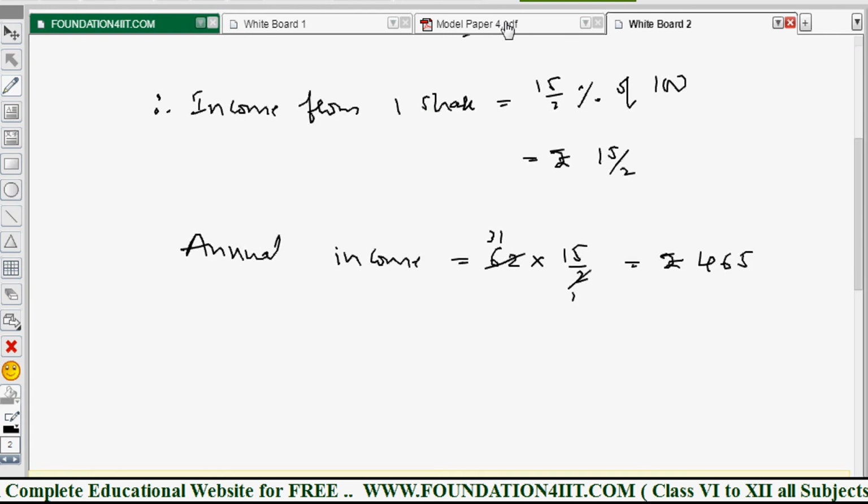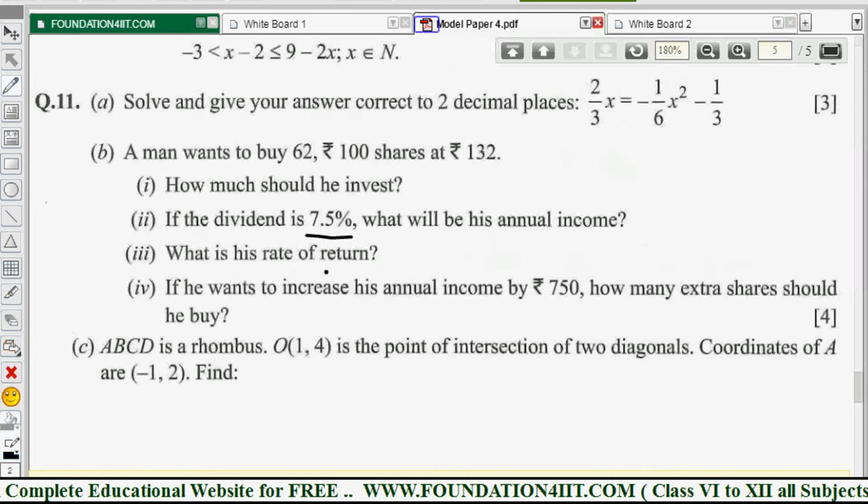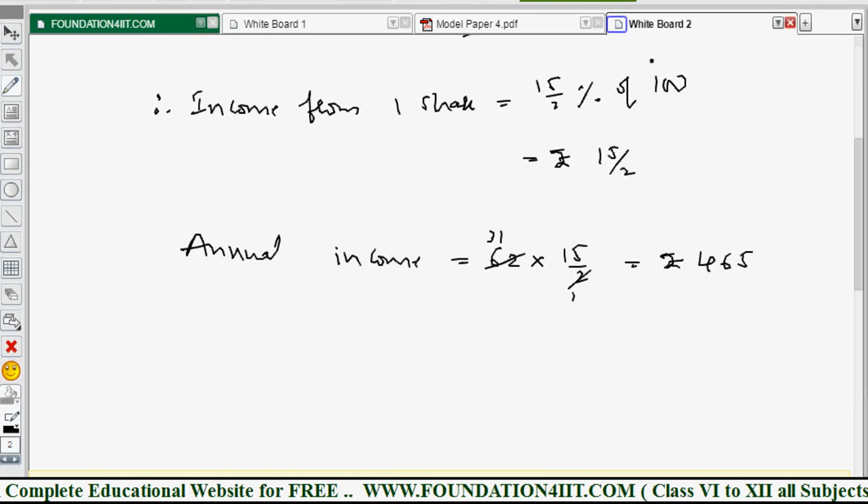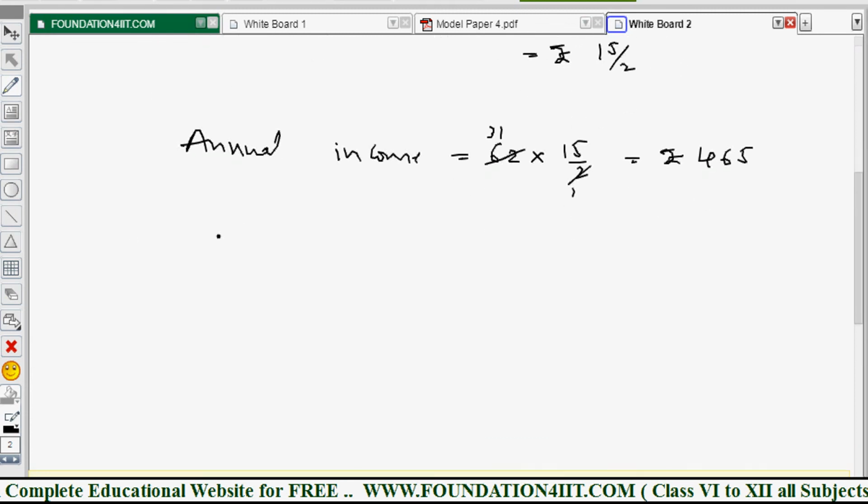And one more question here. What is his rate of return? So let me find out the rate of return. That means we take the income from one share, divide by the market value of one share, into 100.